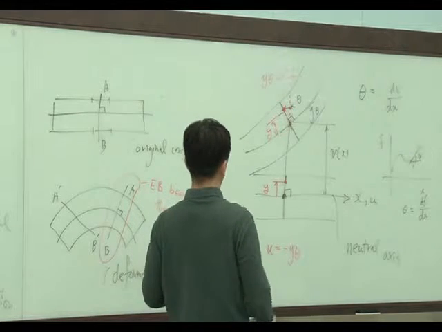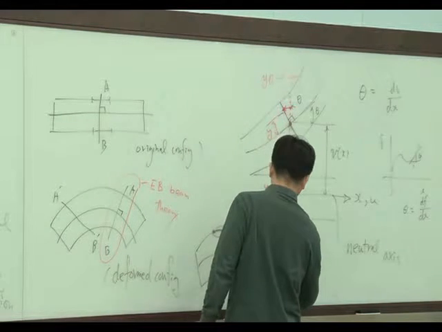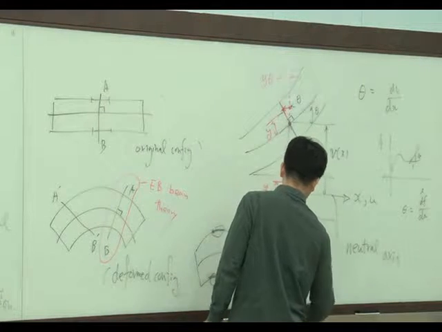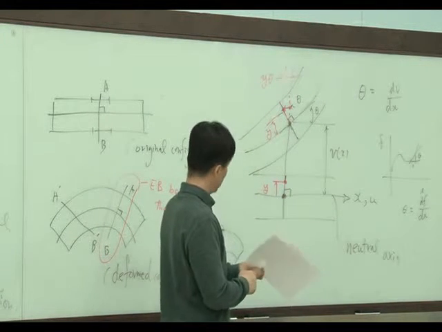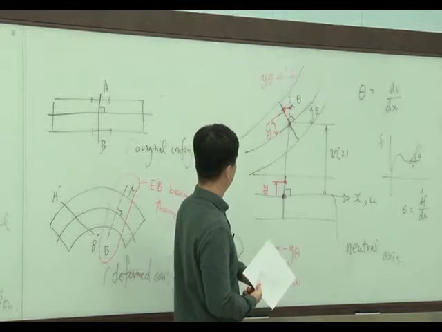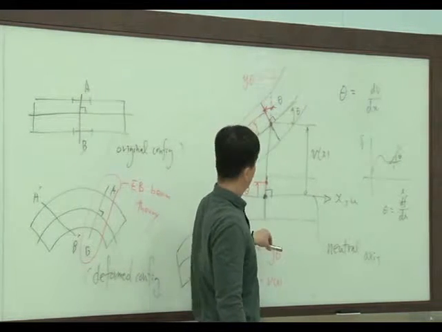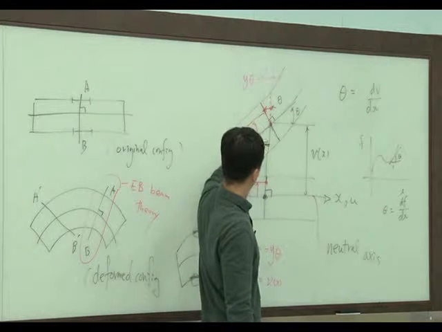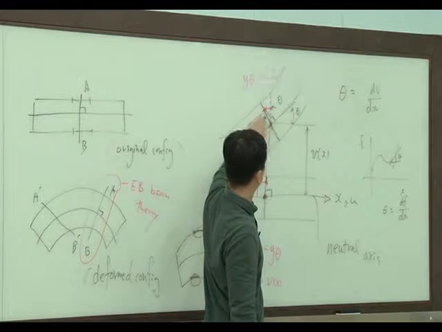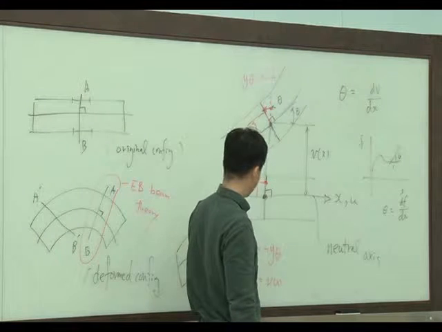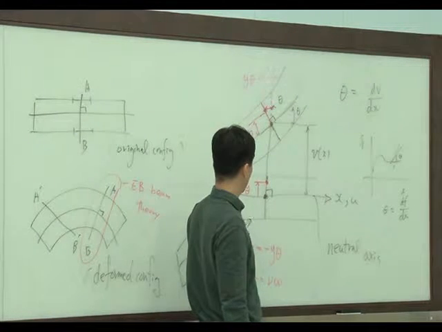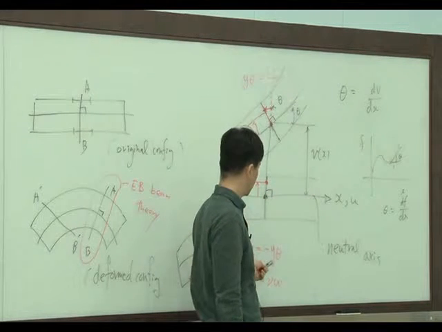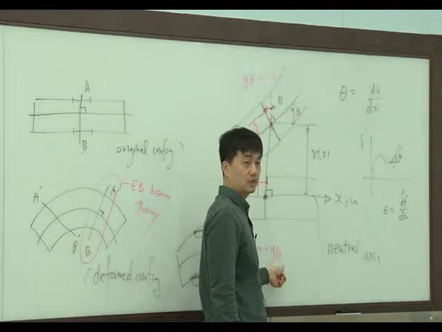How about the v? v is just v. So in beam theory, the displacement in the y direction is all the same at the same cross section, but the displacement in the x direction is a function of the rotation angle theta.